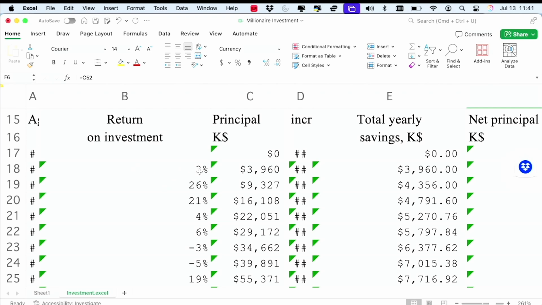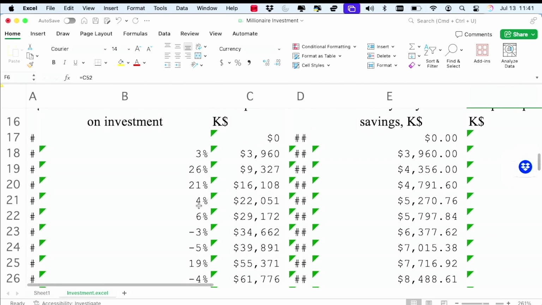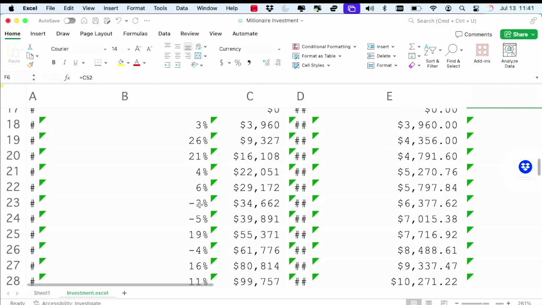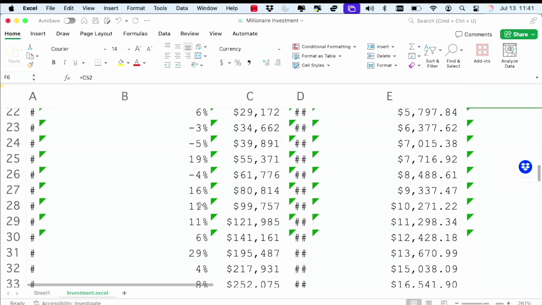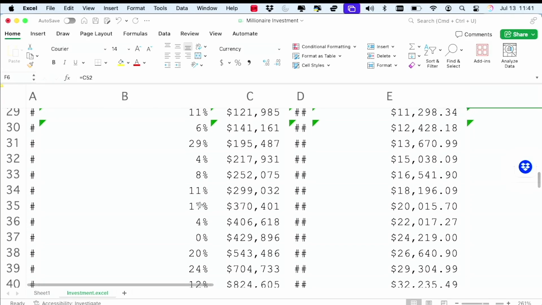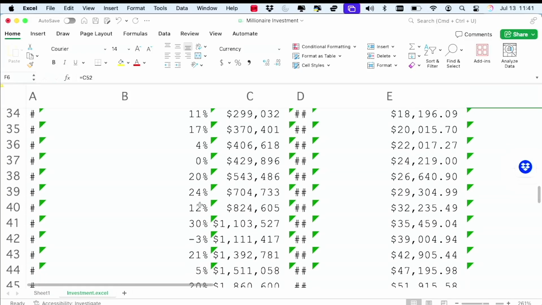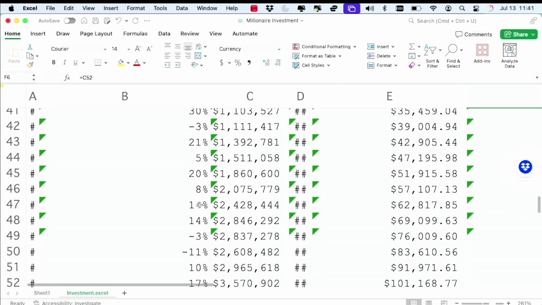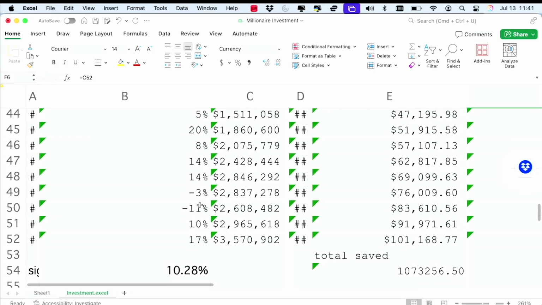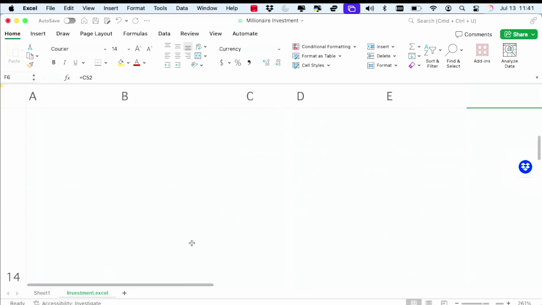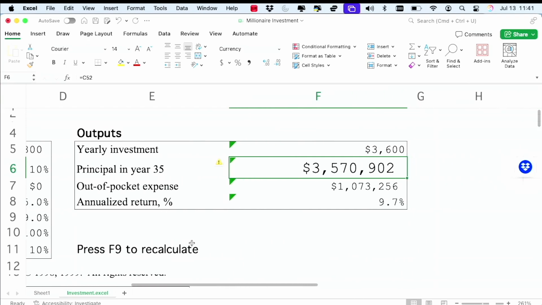So for year 1, we had 3%. Year 2, we had 26. Year 3, we had 21, and so on. We had a couple of negatives in here, but generally about a typical series of returns over that span of time, right? Last year was 17%.